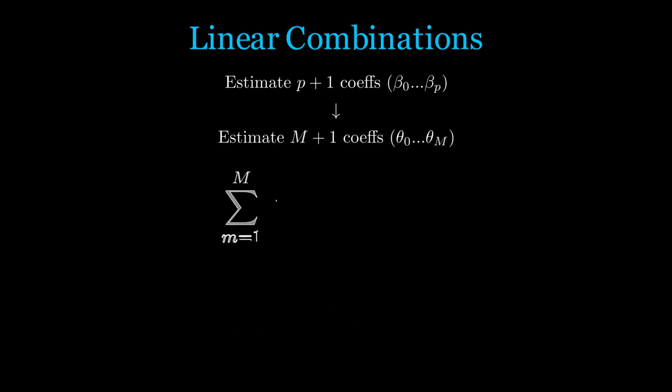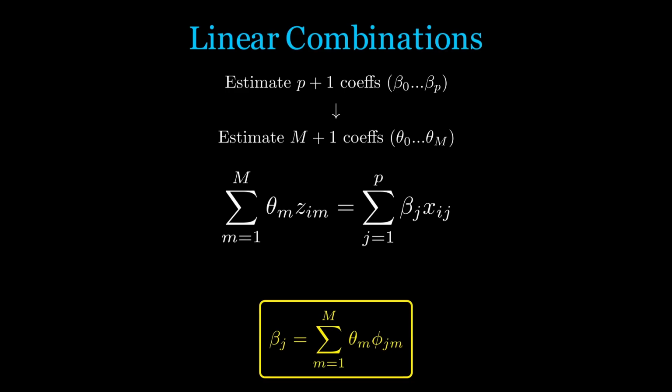We can express the relationship between the original regression coefficients beta and the coefficients theta of the transformed predictors as follows. This relationship is subject to a specific constraint, where each original beta j is a weighted sum of the thetas and the loadings phi.